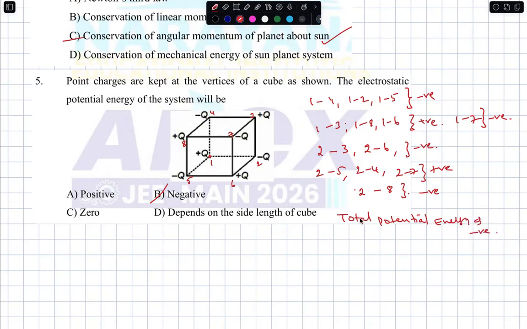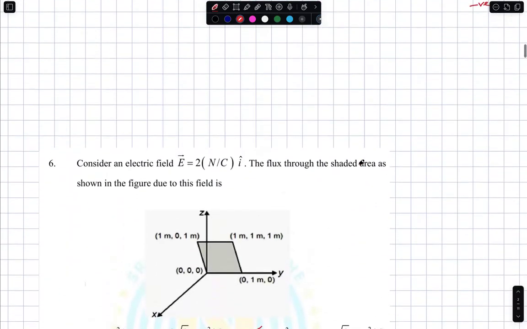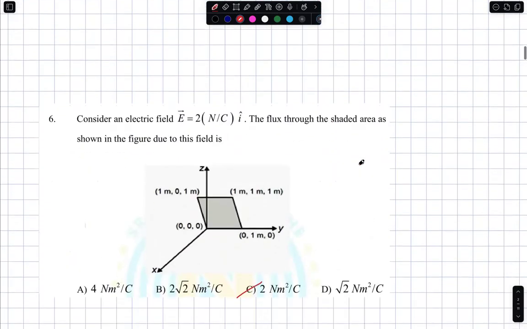Right. Therefore, that is what they are expecting. But of course, it is a different question. It depends on the side length of the cube, which is also actually to be involved. But I am comfortable with B, so I'll go with B. Right. But I'll come to this later.